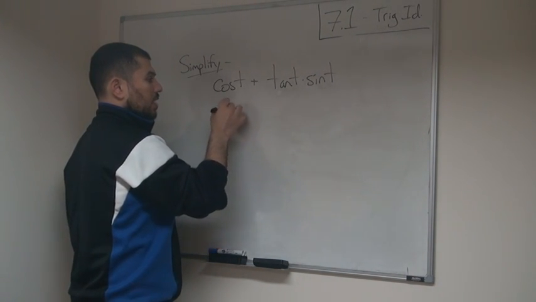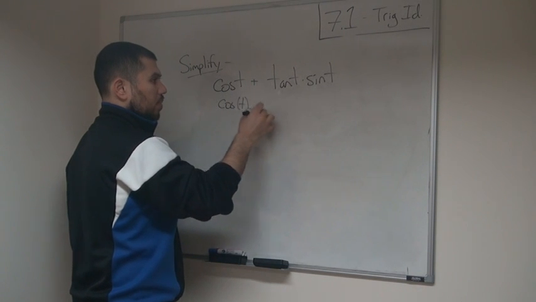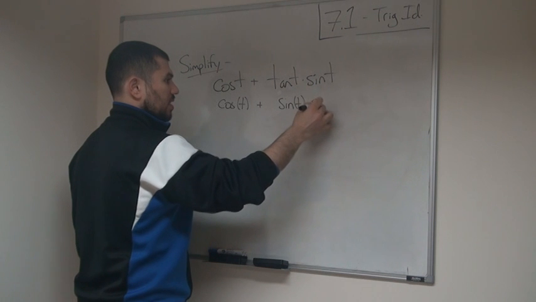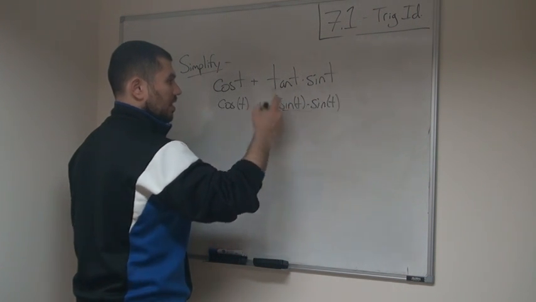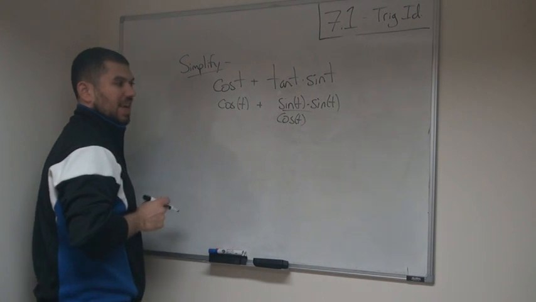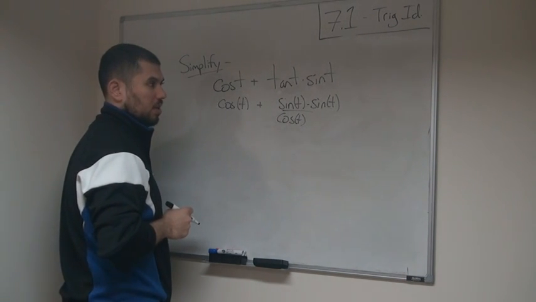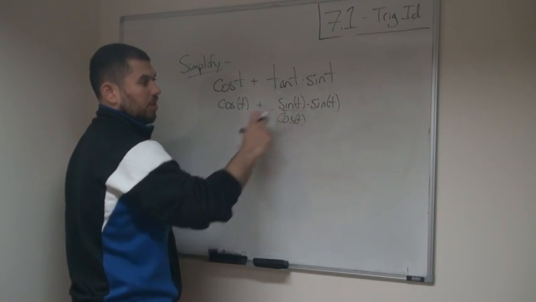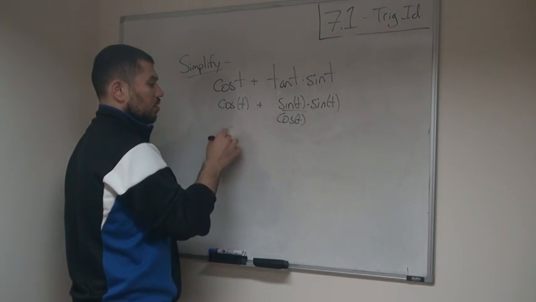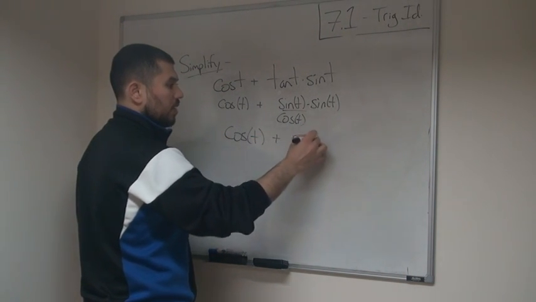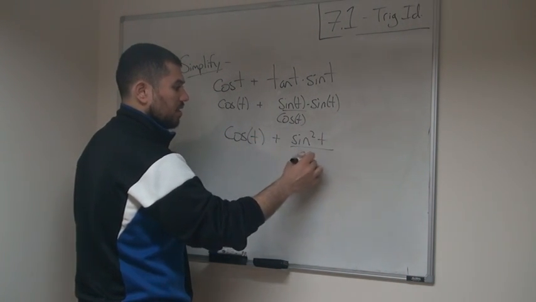So I'd have cosine of t plus sine t over cosine t, times sine t. I'm converting tan to sine over cosine. Now a fraction times a value is numerator times numerator, so I'd get cosine of t plus sine squared t over cosine of t.